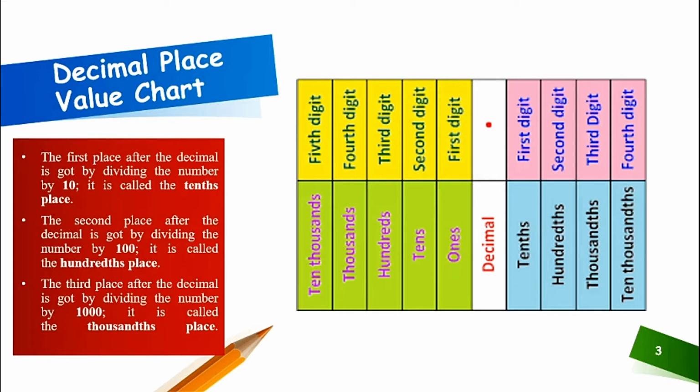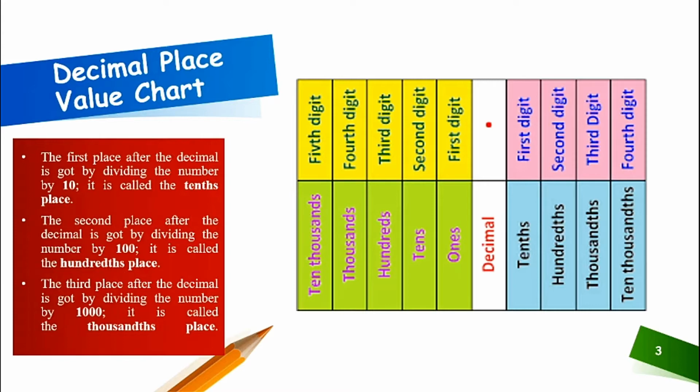Okay? Now, the first place after the decimal point is got by dividing the number by 10. That's why it is called the tenths place. The second place after the decimal is got by dividing the number by 100. That's why it is called the hundredths place.